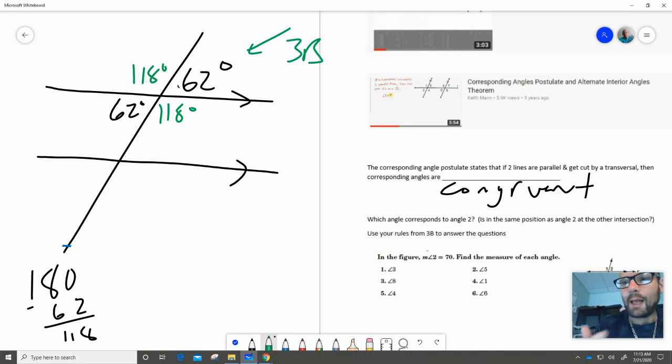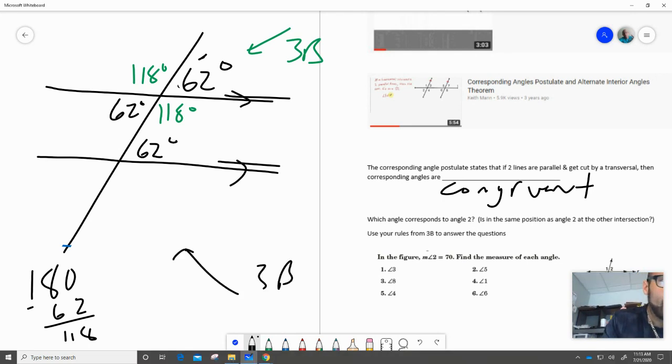Now, what we realize with this corresponding angle postulate is that if I have these lines parallel to each other, I can copy this 62, okay, which is on the top right here, to the top right there. Okay. So we got that. Now what we can do is, again, we can copy all four using the 3B notes. Okay.